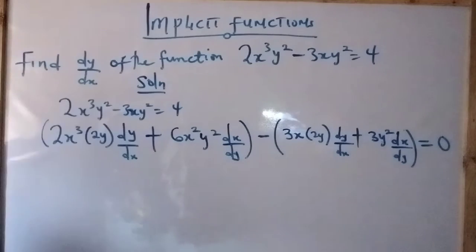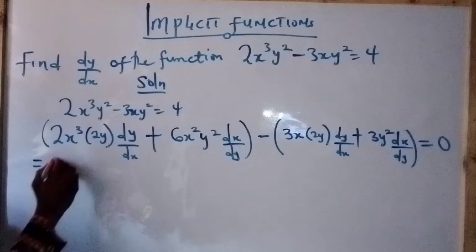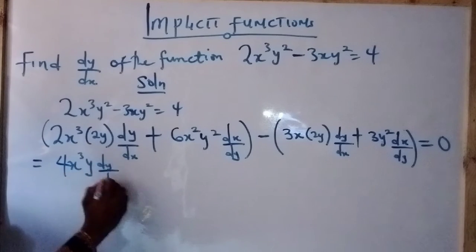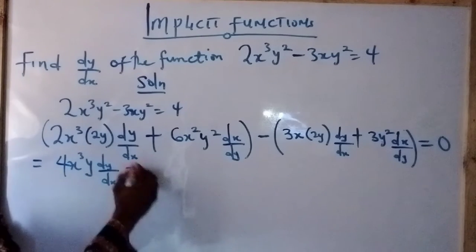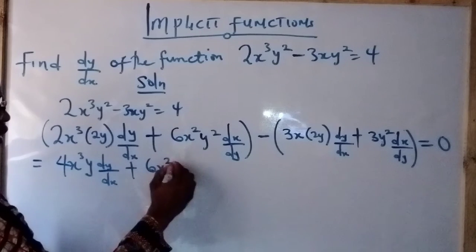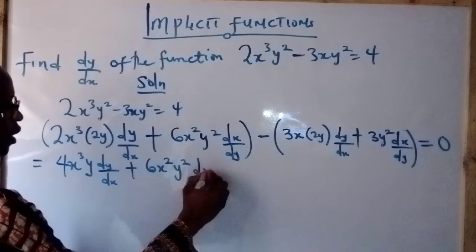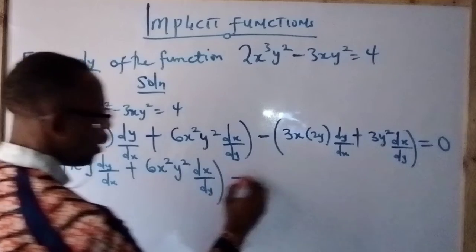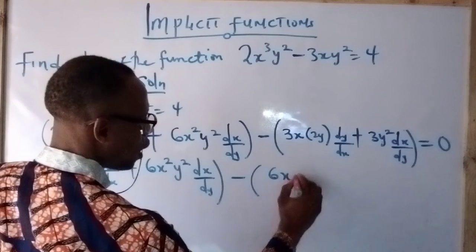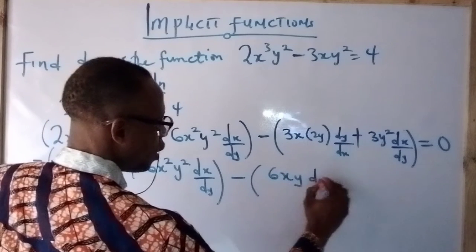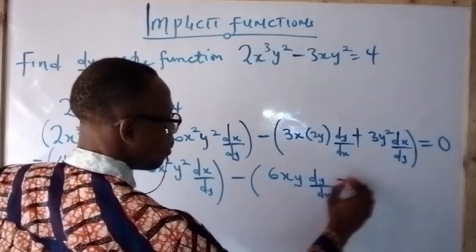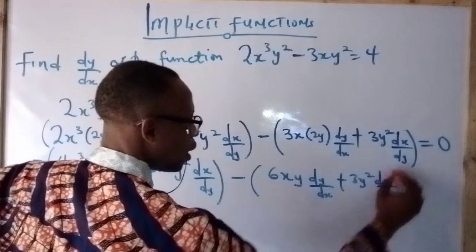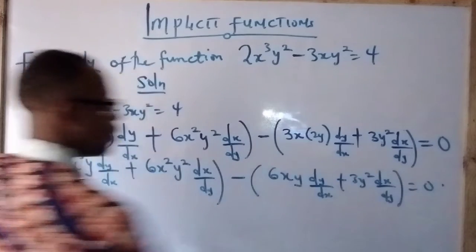Okay, now let's proceed. From here, we have 4x cubed y dy/dx, plus 6x squared y squared dx/dx. That's what we still have here. Then minus 6xy dy/dx plus 3y squared dx/dx. Everything equals 0.